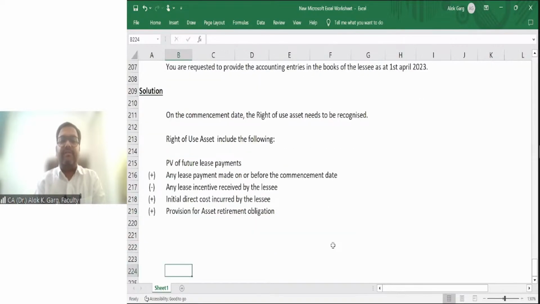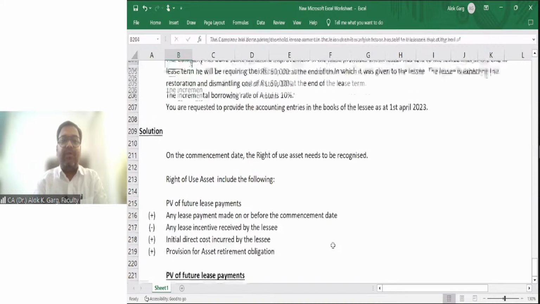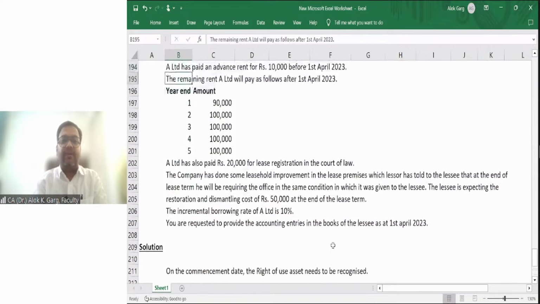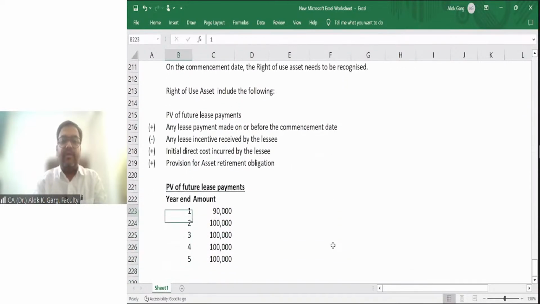Present value of future lease payment. First of all, let's calculate it. How to compute the present value of future lease payment? What is my years? 1, 2, 3 year end. These are my year-end amounts, right? What is my present value factor, PVF, at the rate of 10%?